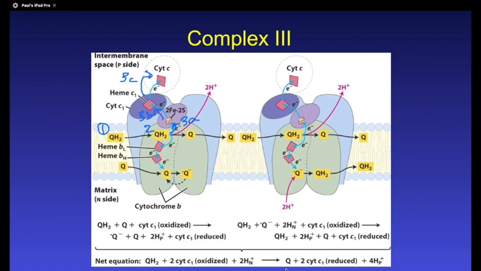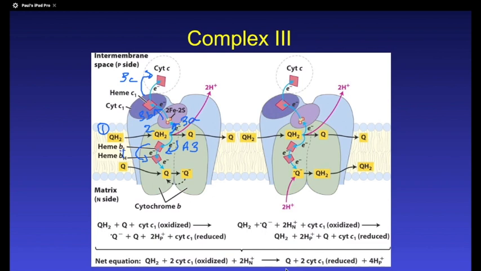Okay. Now, at the same time, 1 electron is going to go down here. Okay. And I'm going to call this one A3. Electron goes to the heme low site. Then an electron goes to the heme high site.